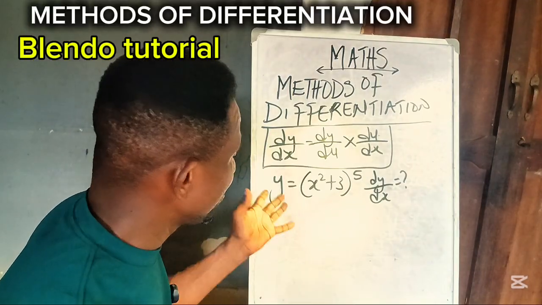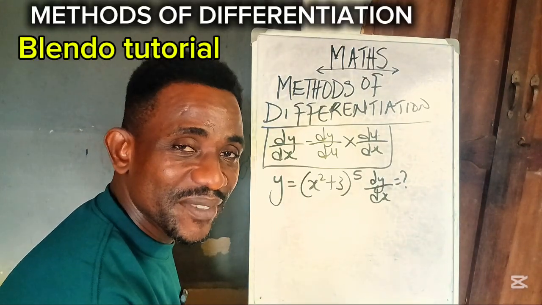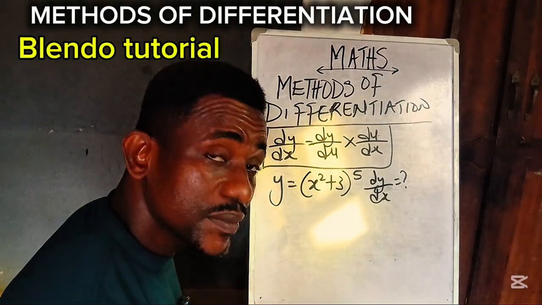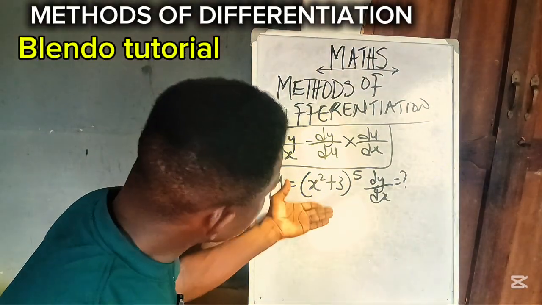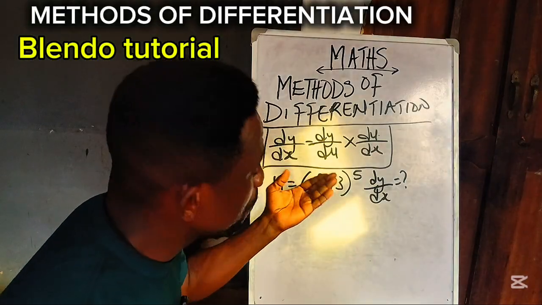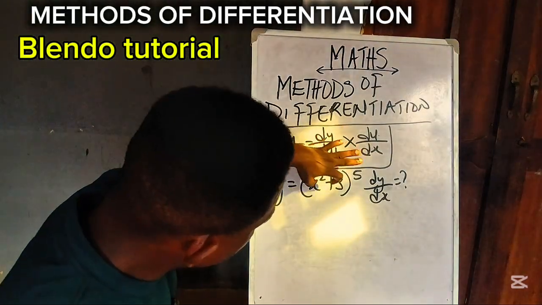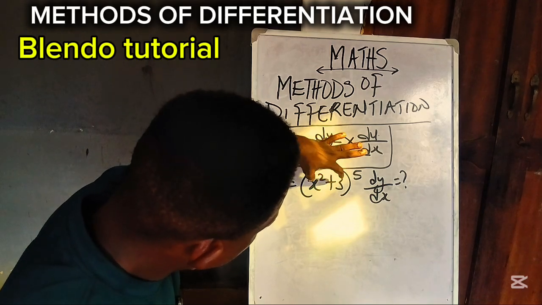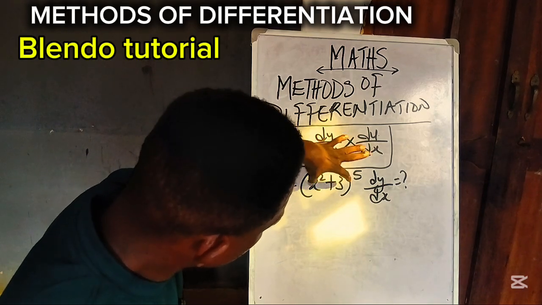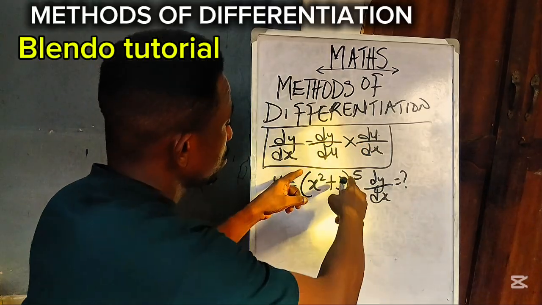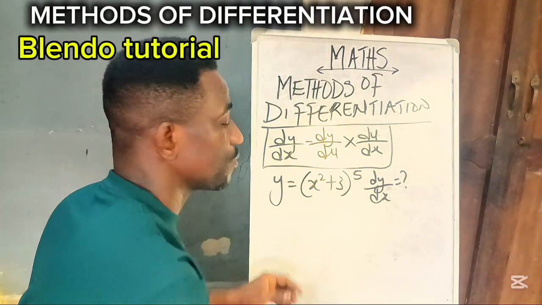When you see a question like this, don't panic. First, observe and identify the question. This question is a composite function. As it stands, it's just like a function that has two functions. This x squared plus 3 is a function. Then all raised to the power 5.